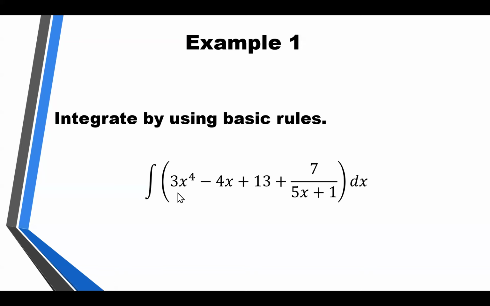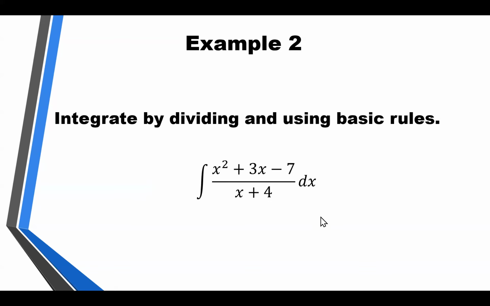In example 1, we said if we had lots of different pieces that we could do individually, then we would do that. In example 2, we saw that if our numerator had larger degree than our denominator, then we can divide and break into nicer pieces.